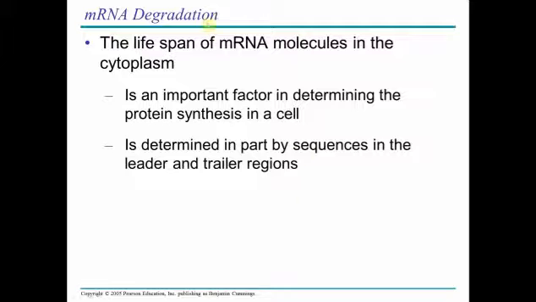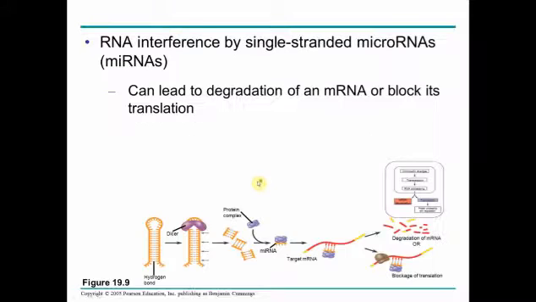You can also take the mRNA and degrade it, or cut it up essentially, and thus block protein synthesis. And this is often determined by the leader and trailer regions, the poly A tail, GCAP, and so on. Here's RNA interference, commonly known in the field as RNAi.